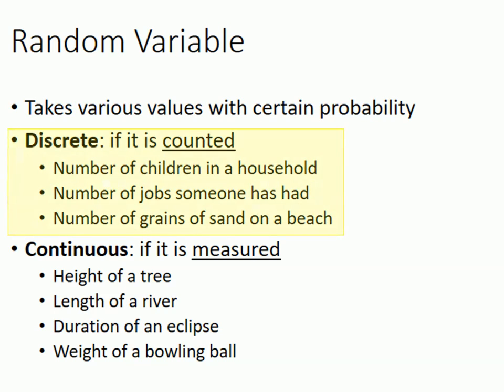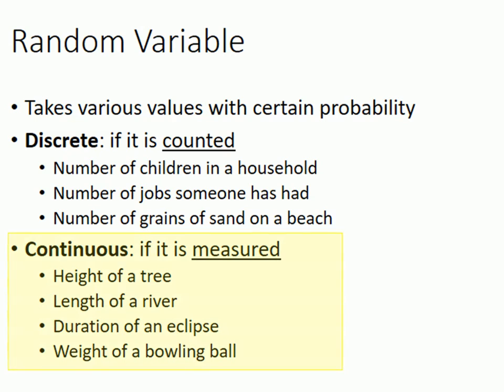Discrete random variables are random variables that describe something that's counted. So the number of children in a household, the number of jobs that someone has had during their life, the number of grains of sand on some beach. If you take a random beach, the number of grains of sand, although it can be astronomically high, is still just a countable number.